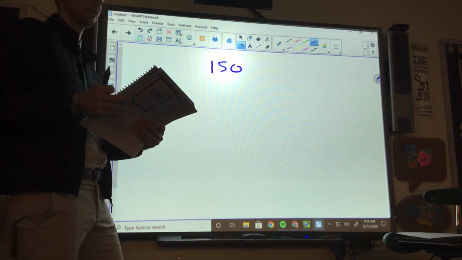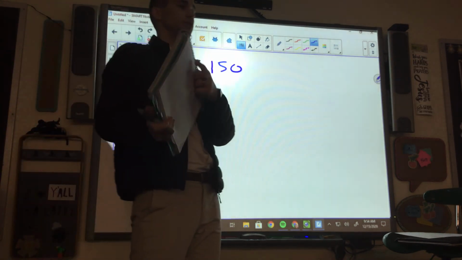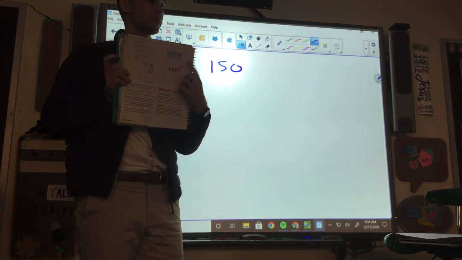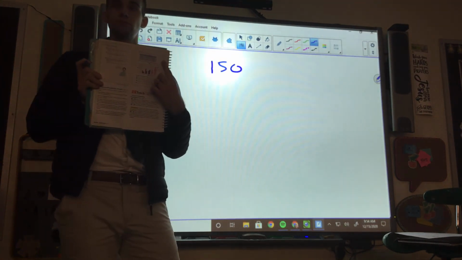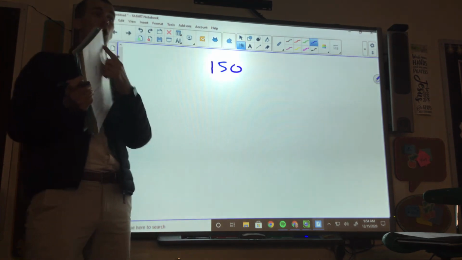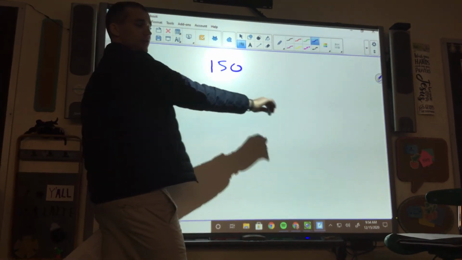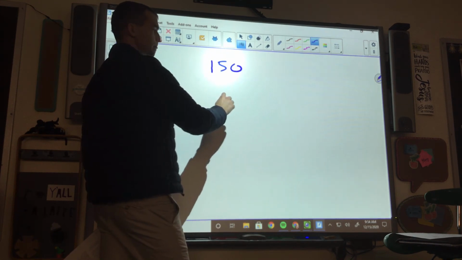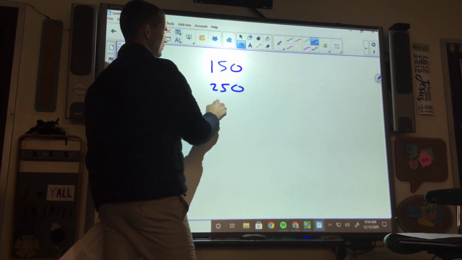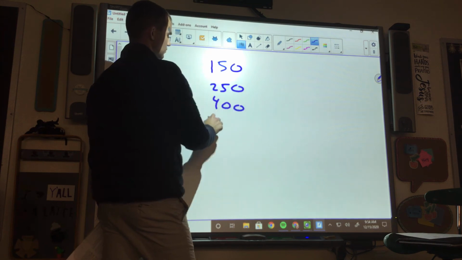That's the total for the first hour at B. You see this blue section right here at the top of your page? It says all the things for B. So it's got 150, and then what is it for all the ones after that? 250, 250, 400, 450, 800.